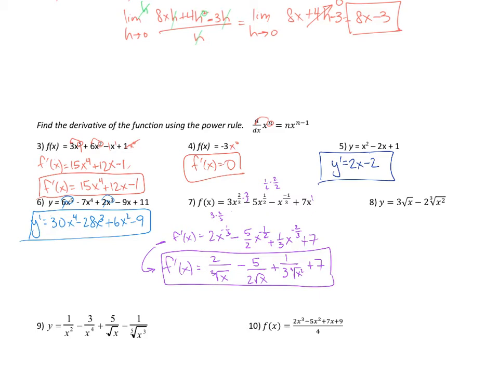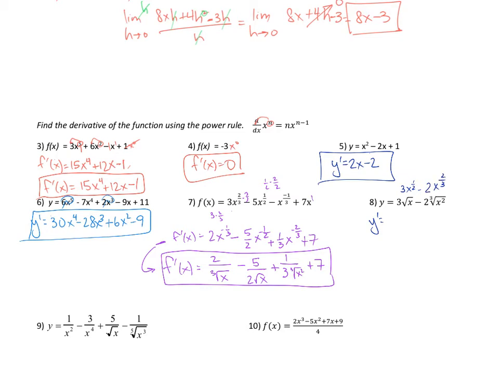Okay, so moving on to number 8. Over here we're going to end up with y prime as being, this I'm going to rewrite to be 3x to the 1/2 minus 2x to the 2/3.